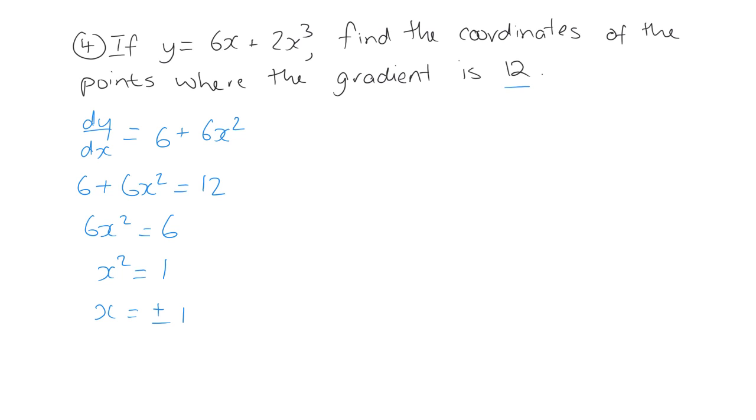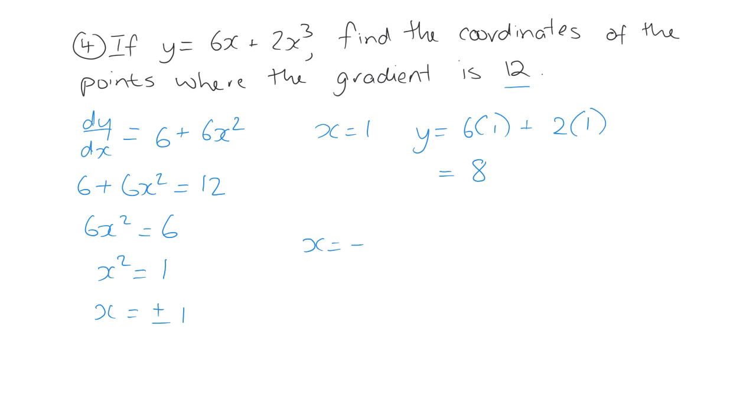You may get a quadratic that you have to use the formula for or factorize into 2 brackets. So then when x is 1, y is going to be 6 times 1 plus 2 times 1 cubed, which is just 1. So that gives us 8.